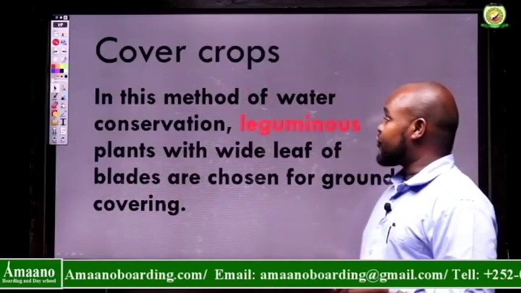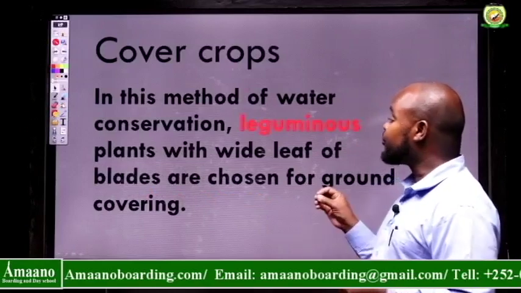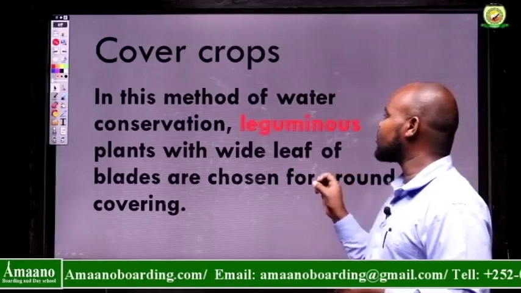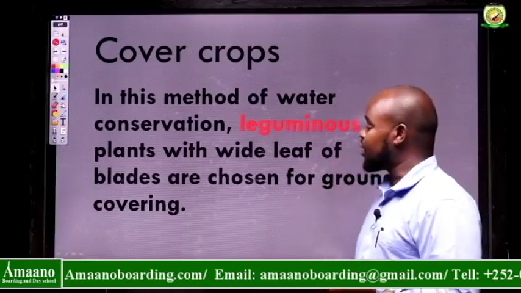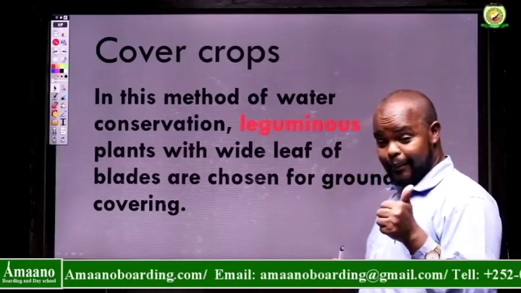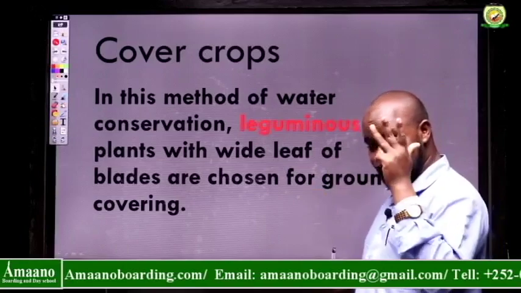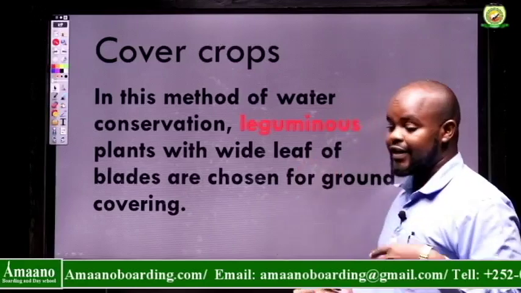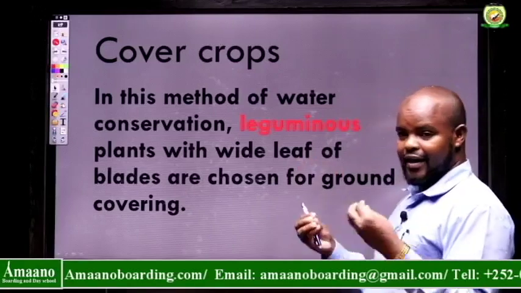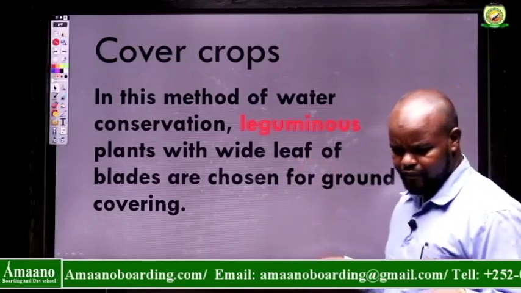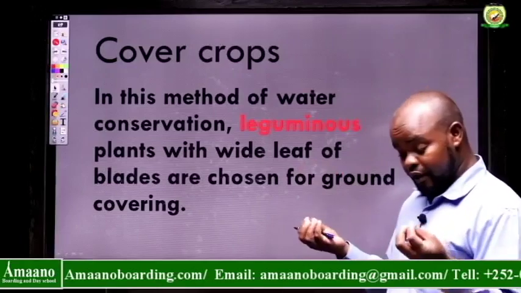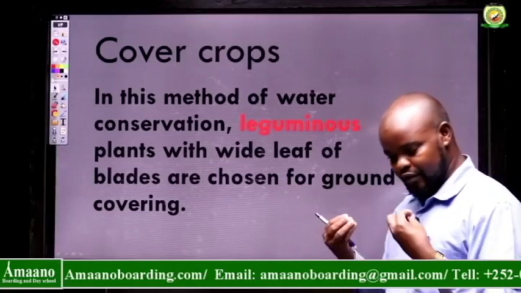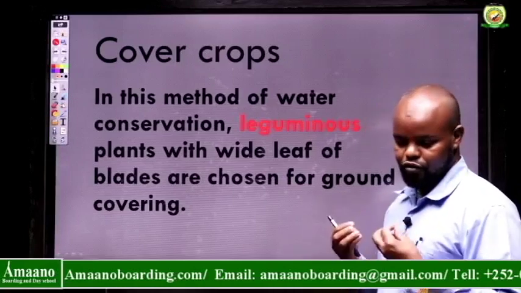Now let's see the cover crops. In this method of water conservation, leguminous plants with wide leaves are chosen for ground covering. So we grow leguminous plants like peas, beans, yams and others on a given piece of land. If the land is bare and there's no vegetation cover, the sun rays striking it will cause the water to evaporate.